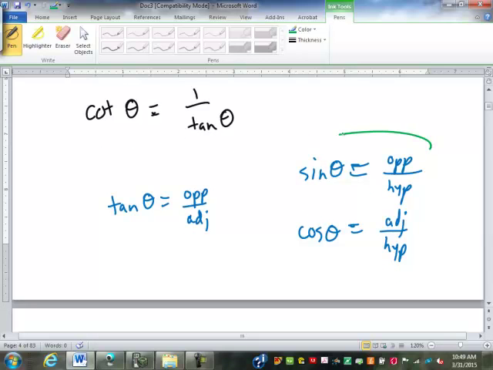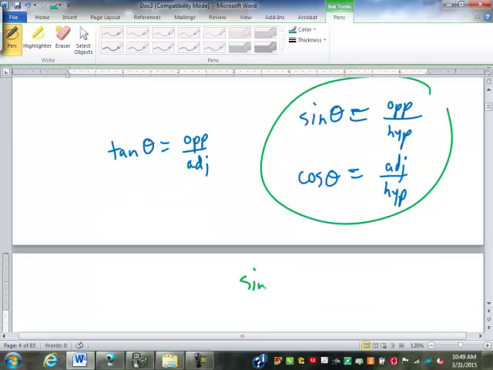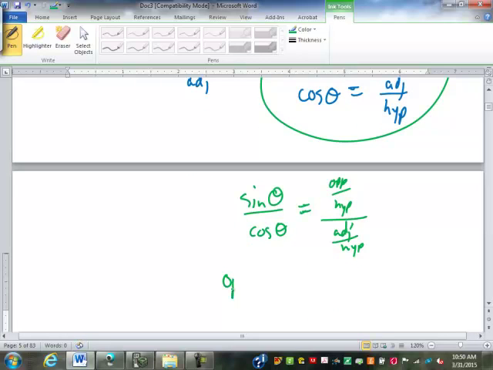Okay. So we've got these two here. If we divided them out, let's say I had the sine of an angle divided by the cosine of an angle. Well, within that triangle, the sine, of course, is the opposite over hypotenuse. The cosine is the adjacent over the hypotenuse. To divide those out, it would be opposite over hypotenuse. Now, when we divide fractions, we change it into multiplying by the reciprocal.